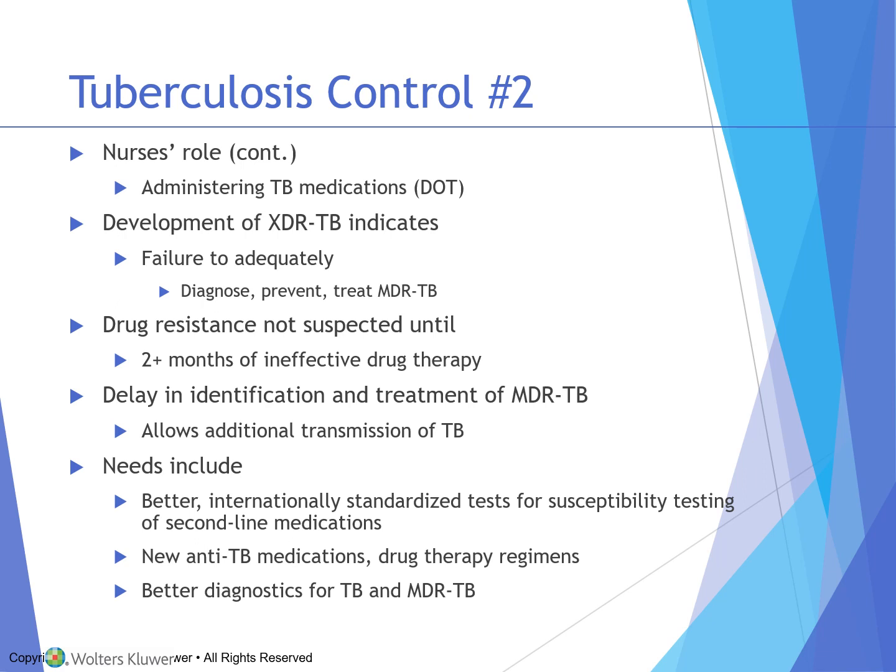So the drug resistance, guys, is not suspected until 2 months of ineffective drug therapy. So we're not going to know until 2 months after. And this delay is actually going to lead to a higher risk of transmission. That's why patients who have either latent or active cases of tuberculosis need to be identified.